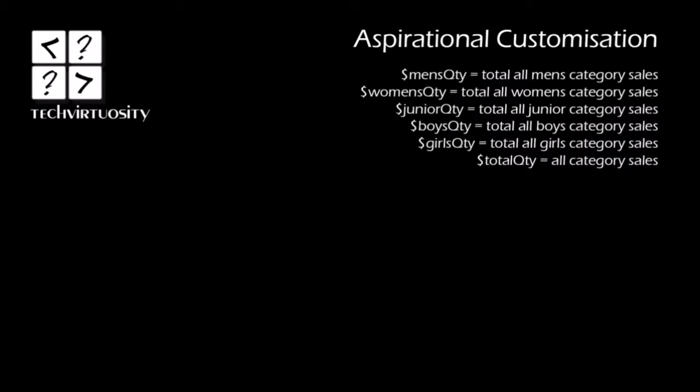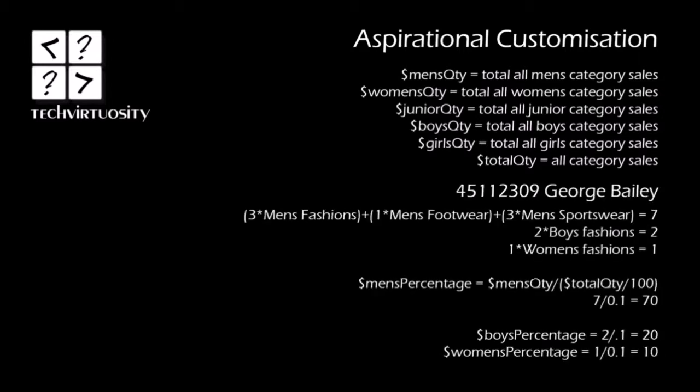The other variable that we then have is total quantity, which equates to all category sales, everything in men's quantity, women's quantity, junior, boys and girls, and that gives us those 6 variables.